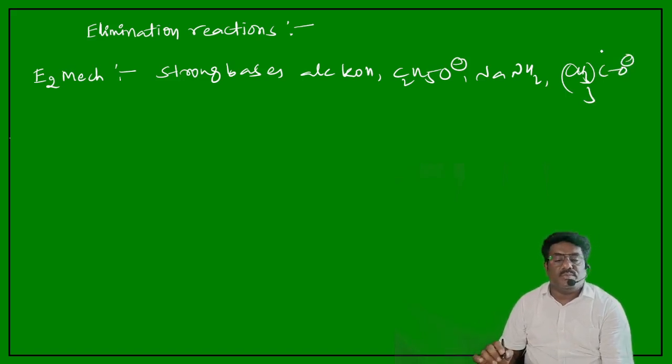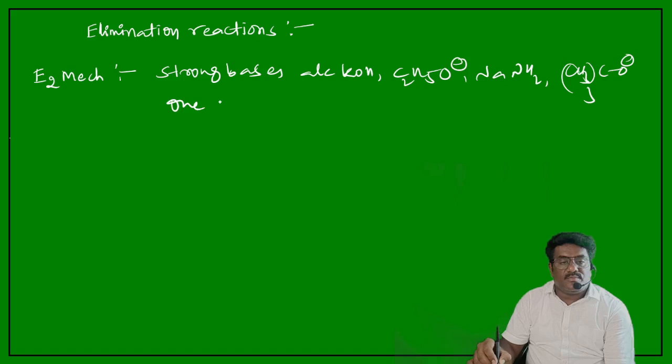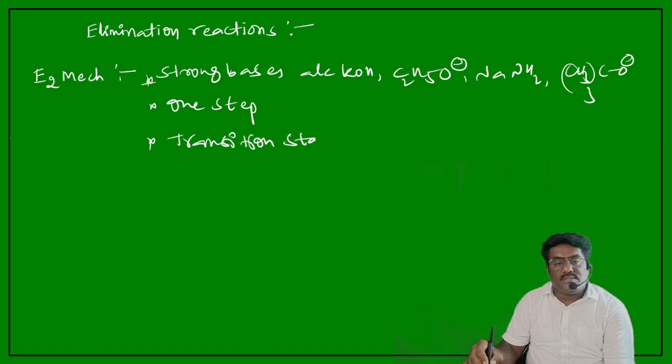These are the strong bases favored for the E2 mechanism. It is a one-step mechanism. The reaction goes through a transition state like the SN2 transition state. The example is dehydrohalogenation.